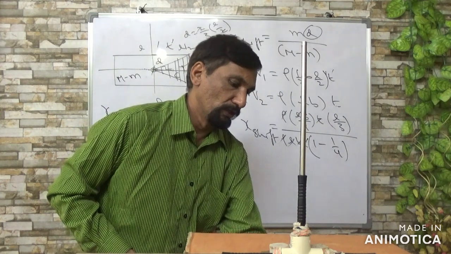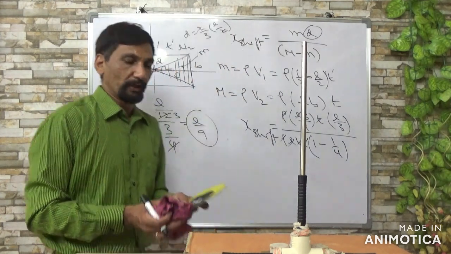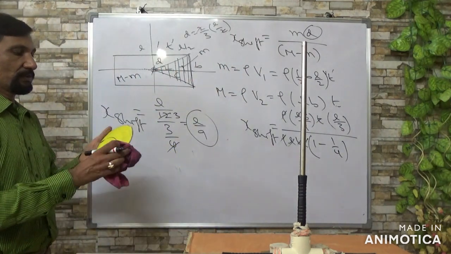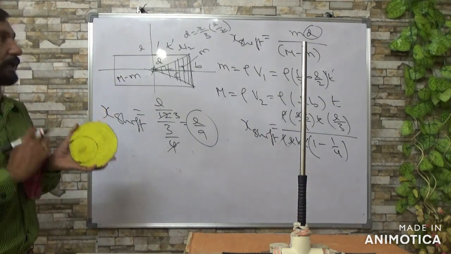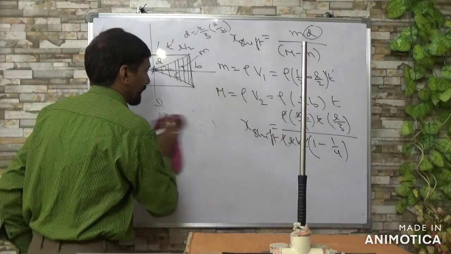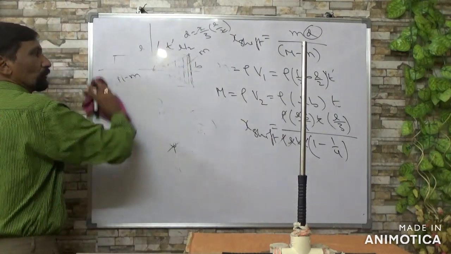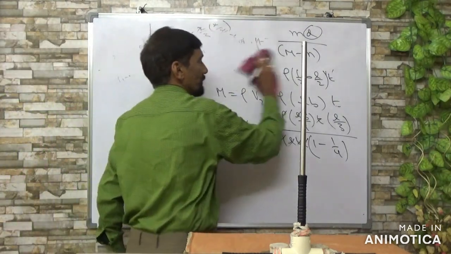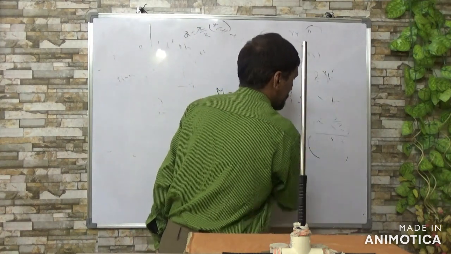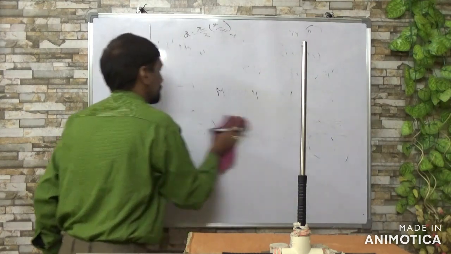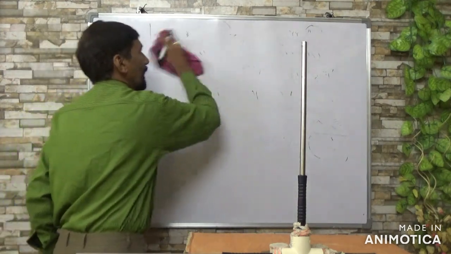We'll solve another problem now. Say there is one disc of diameter 2r. Now we are taking one disc having uniform mass distribution, having diameter 2r.